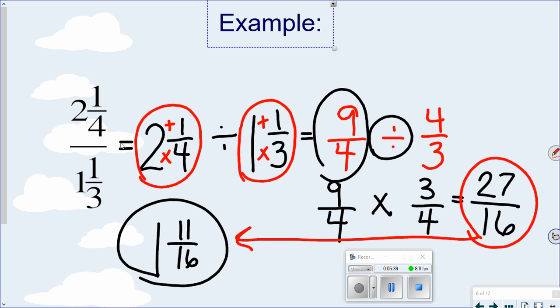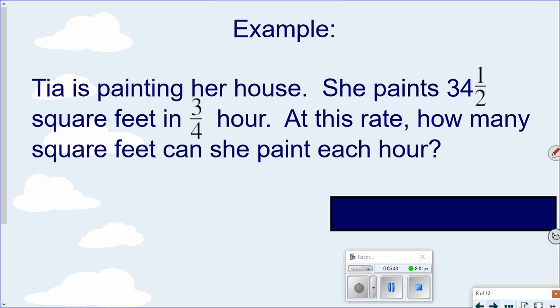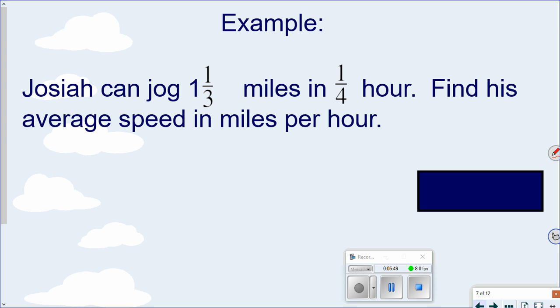Now let's try some word problems. All right, so in the first word problem that we're going to try, we're going to talk about Josiah can jog 1 1/3 miles in a quarter hour. Find his average speed in miles per hour. So this is the rate we're looking for.